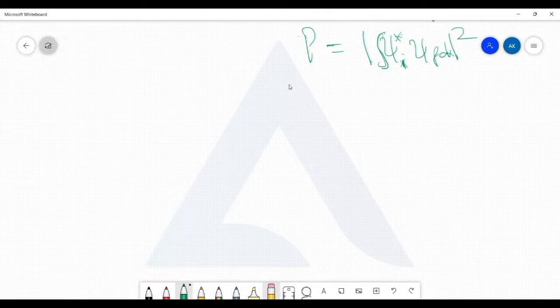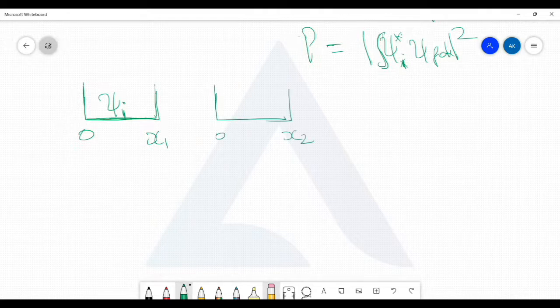Now our system is in initial state psi I, say 0 to length L. Let me take it in a general case, 0 to x1. Now the box is shifted to 0 to x2.